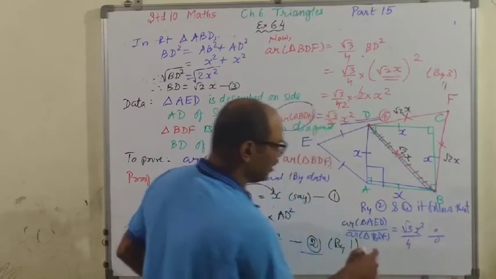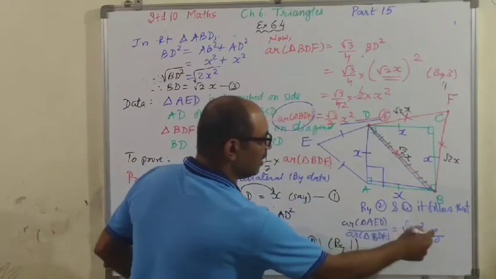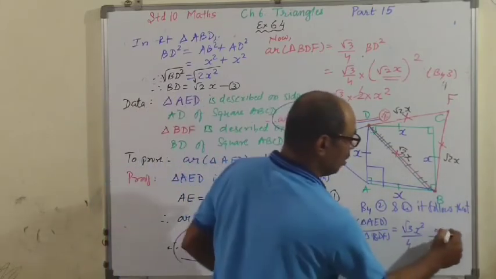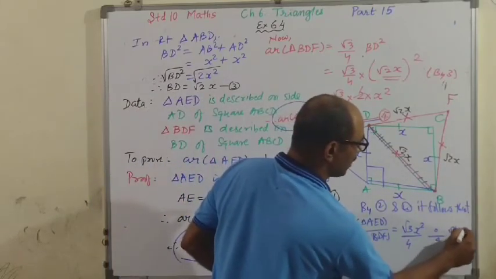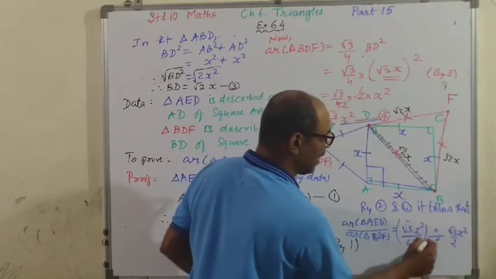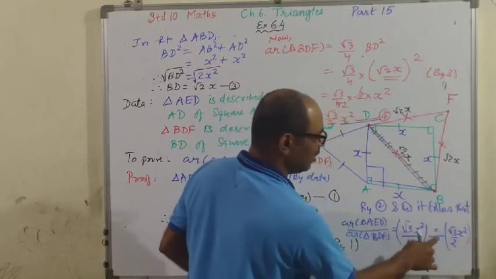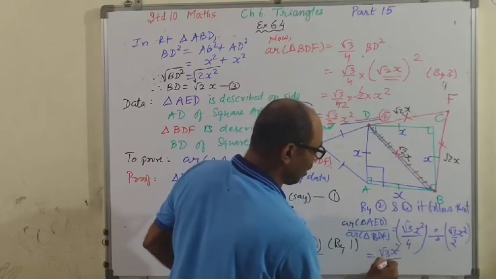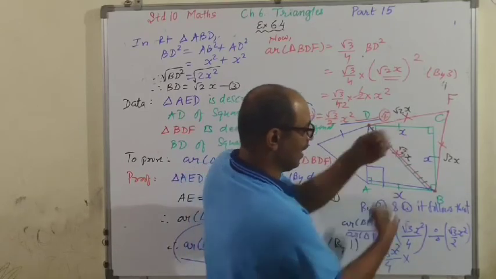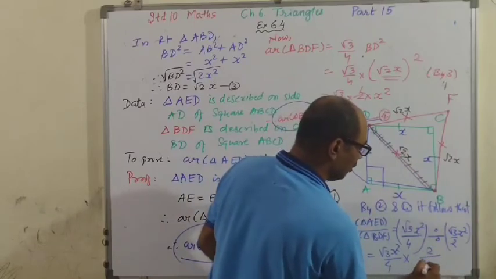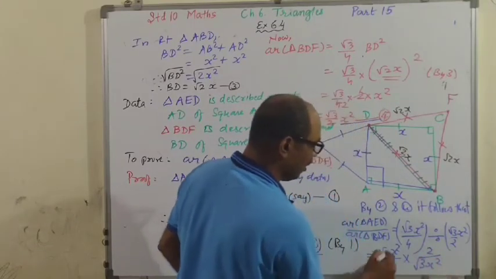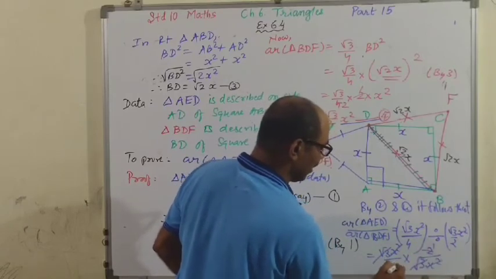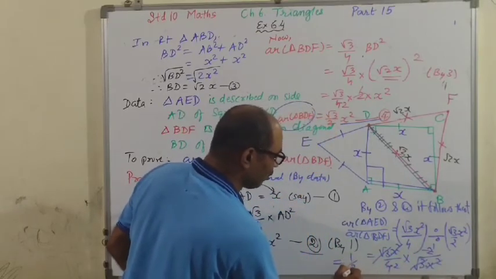Then I am putting a division sign, upon √3 by 2 x square. I'll put this in a bracket, and this in a bracket. This divided by this. Convert division into multiplication: √3x square by 4 multiplied by the inverse, 2 upon √3x square. √3 cancels, x square cancels. 2 ones are 2, 2 twos are 4. So that is equal to half.